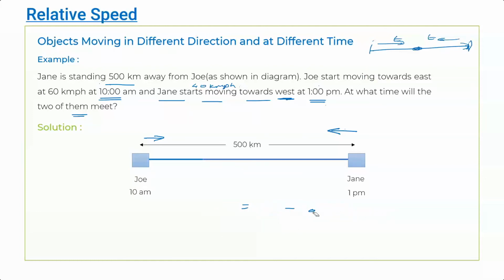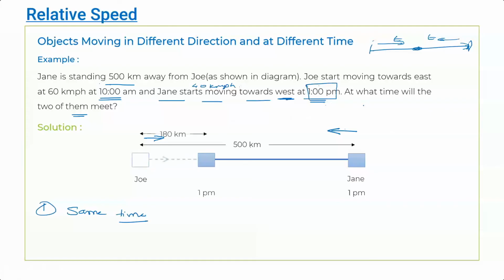So what should we do? In such cases, remember that the first thing that you need to do is bring them at the same time. Okay, so you need to ask yourself, what is the same time? Who starts later? Jane starts later at 1 p.m., right? So find out where is Joe at 1 p.m. We can find that out very easily.